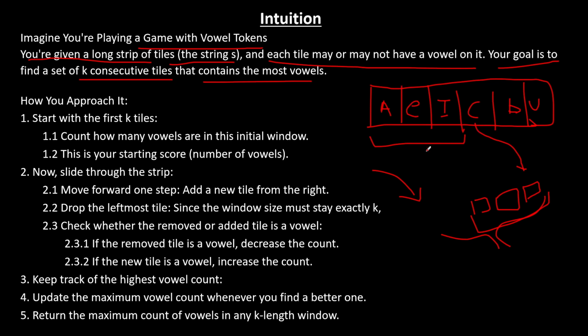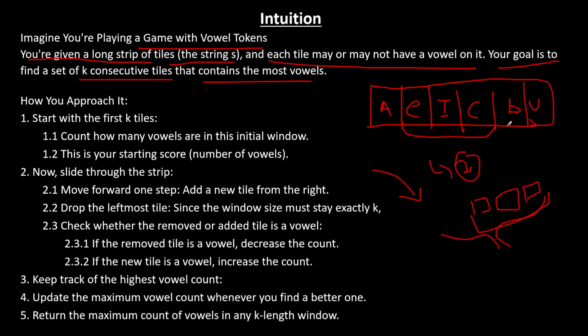If he included C, the number of tiles in his hand grows to four, and now he has AEIC. But he thought that I will remove A from my left hand. So he removed A and he's left with EIC. Now he checks that still he got two vowels in his hand, and it is also the maximum till this case.